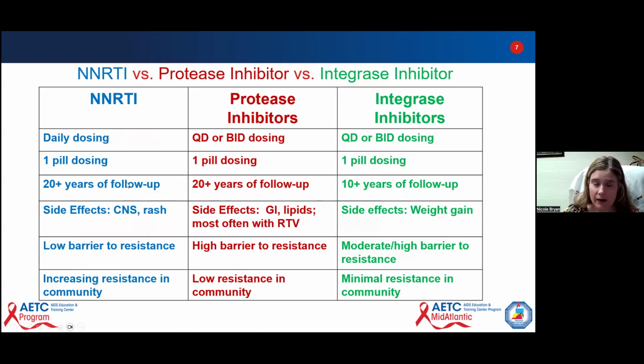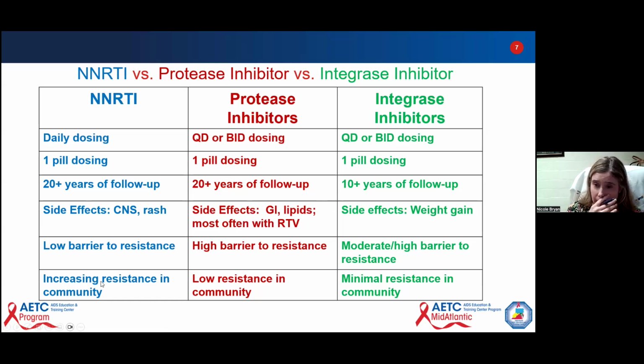All of them have formulations co-formulated into one pill, where two or three medications are combined by the pharmaceutical company into a single pill for the patient to take. Particularly for reverse transcriptase inhibitors and protease inhibitors, we have over 20 years of follow-up at this point, probably more, and similar for integrase inhibitors. So we're gaining a lot of experience with these agents.